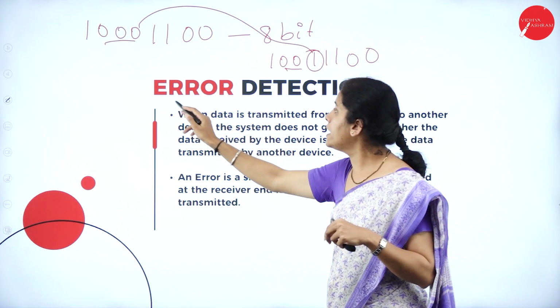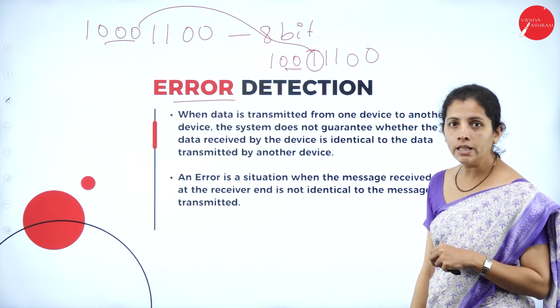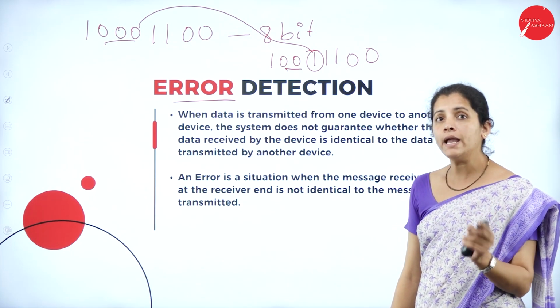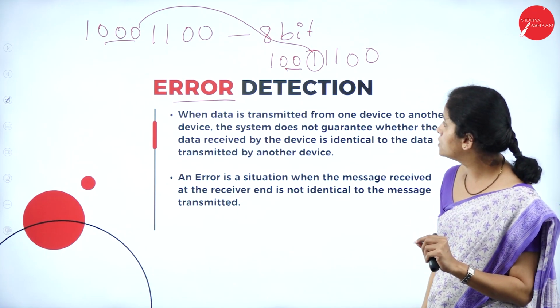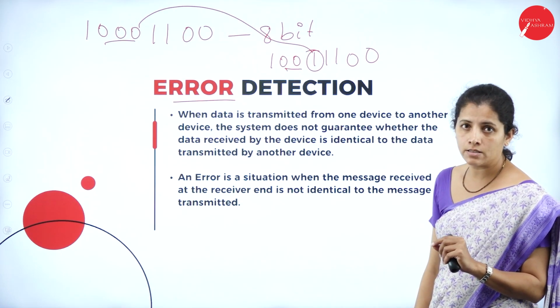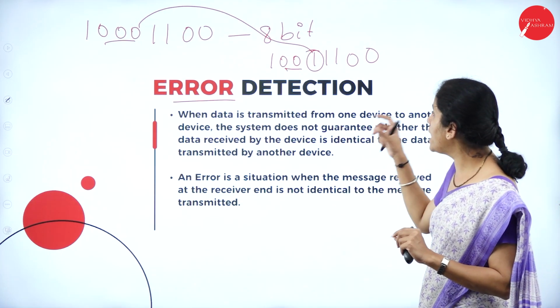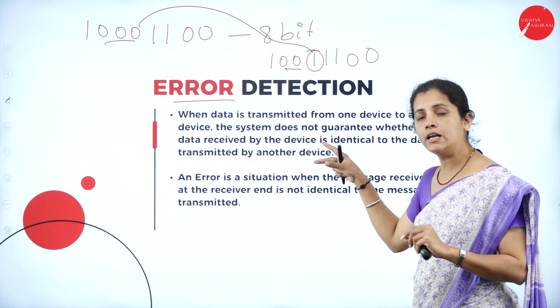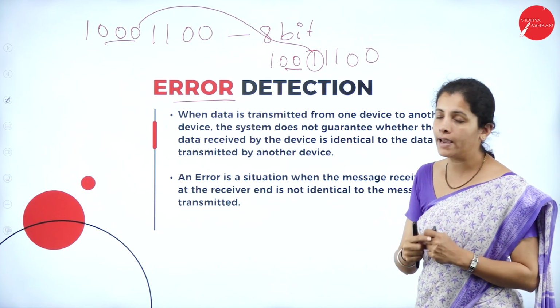So here, error detection. During the transmission of data, the data bits may get corrupted, and that is known as errors. Now I want to identify what kind of error it is, either a single bit error or a burst error.